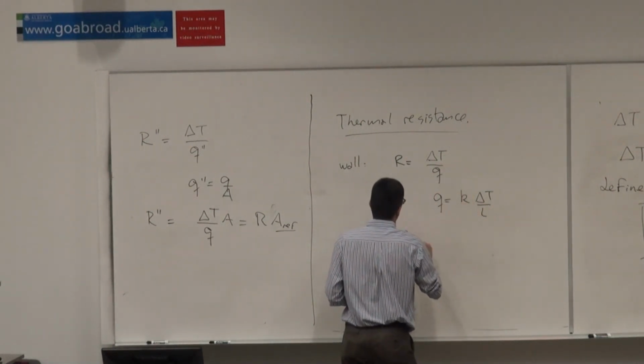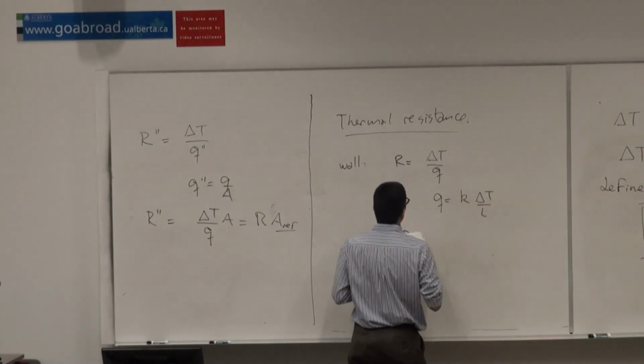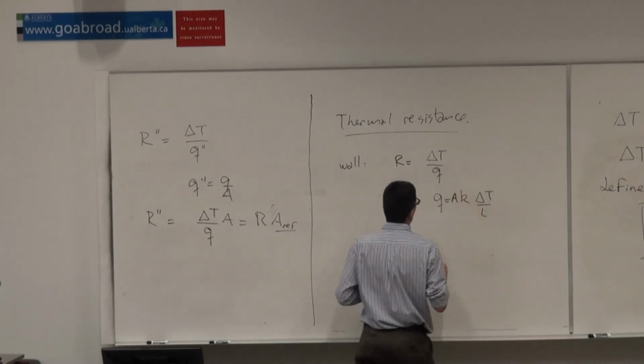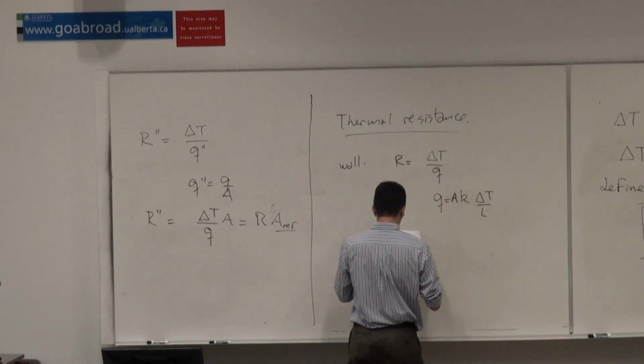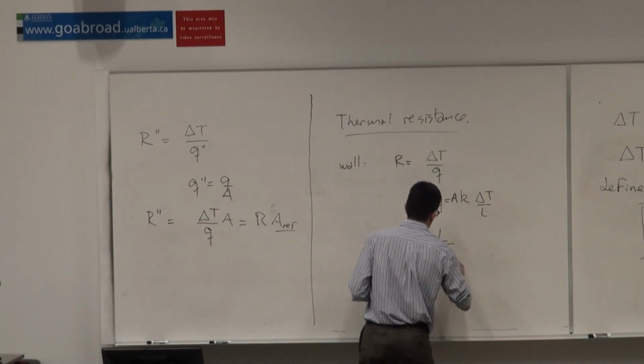So we end up having that the thermal resistance of a wall is, oh, and I forgot to put the A here, L over KA.